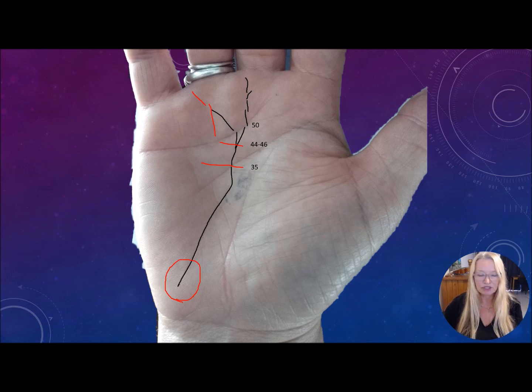So the person, if they know their astrological chart, they may have a strong planet in the moon area, a strong star sign in the moon.